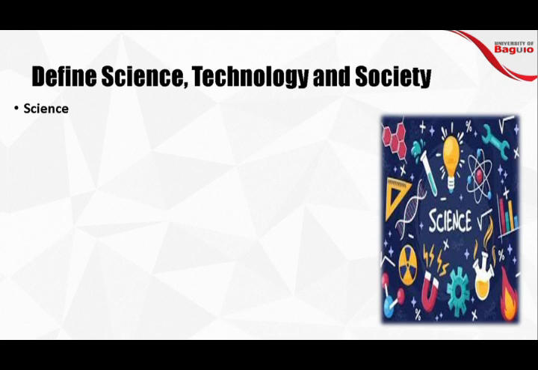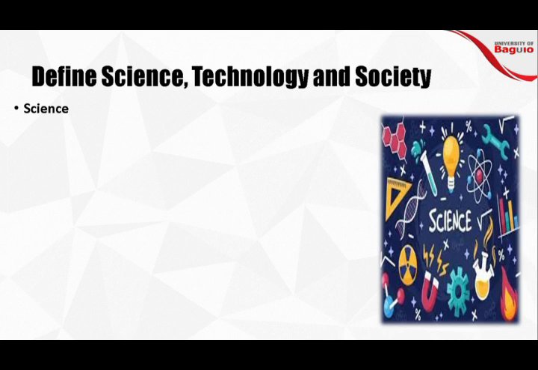And commonly, the popular definition that we think about science, which was introduced to you as well, is that science is a systematized body of knowledge. And why is it called a body of knowledge?